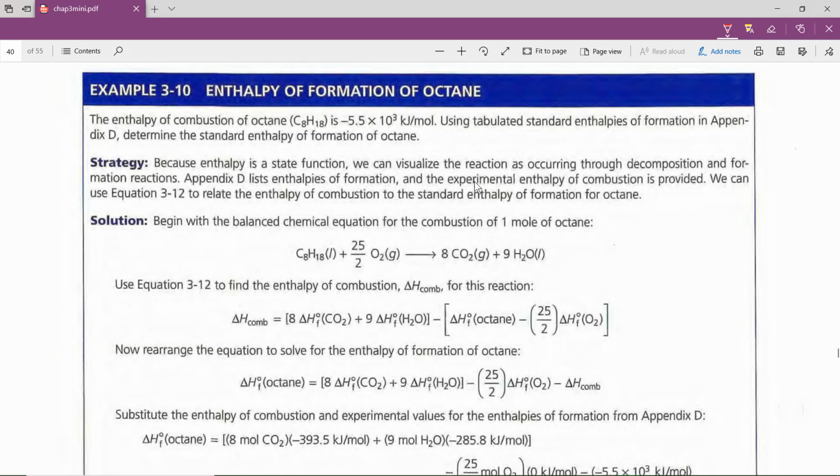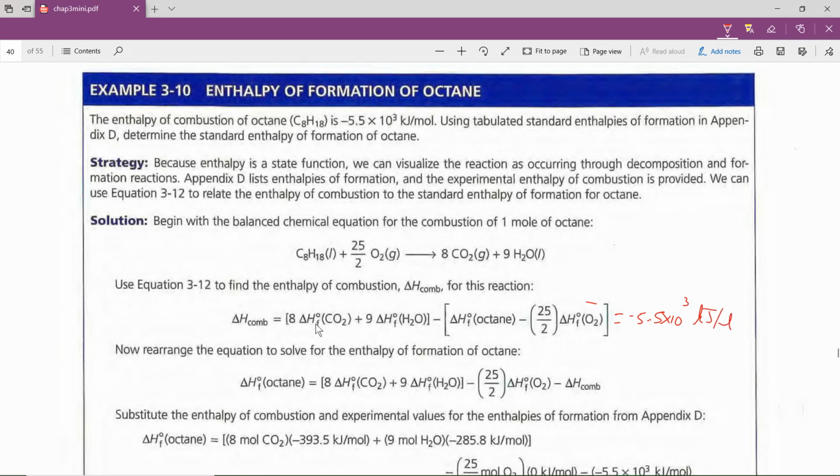Okay, so start with a balanced equation showing combustion of 1 mole of octane. Why not? Because that's going to make things easier as we go through all this. So combustion is given as minus 5.5 by 10 to the 3 kilojoules per mole.